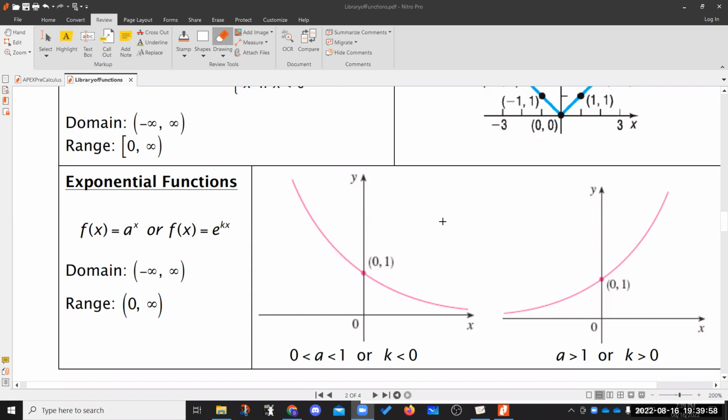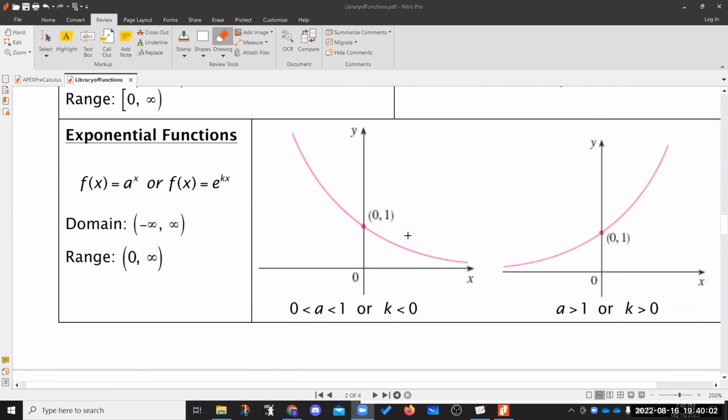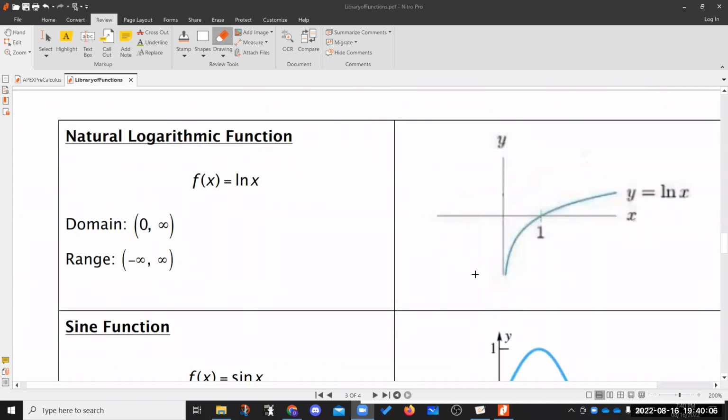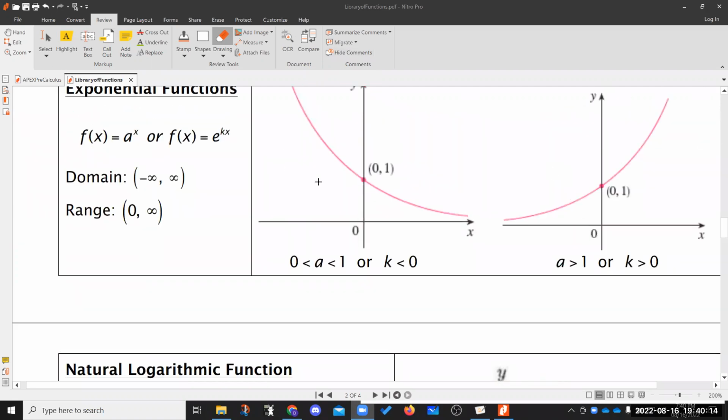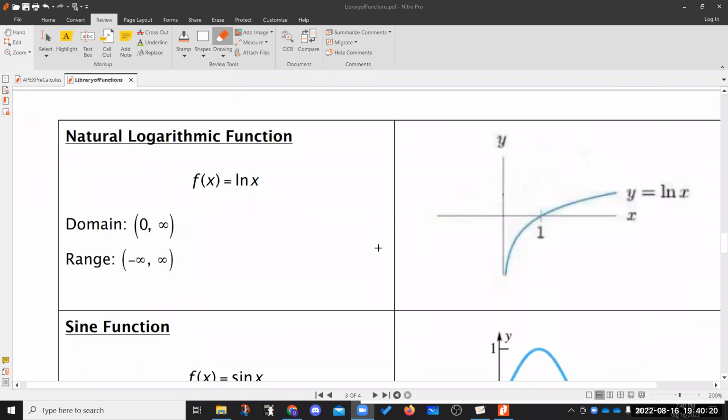So the inverse of exponential is going to be logarithmic. We're going to look at the natural log function as the representative parent graph for that, just like we looked at the exponential e to the x up here. We're going to look at log base e of x down here.